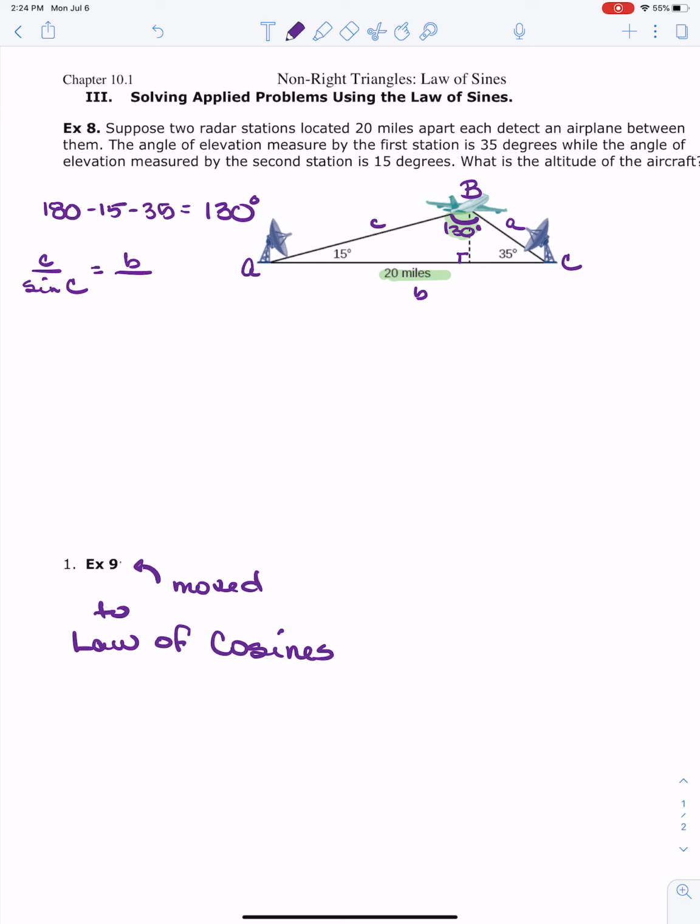B over the sine of B. C over the angle opposite that side is my 35-degree angle. And then I've got the length of side B is 20 over the sine of 130.